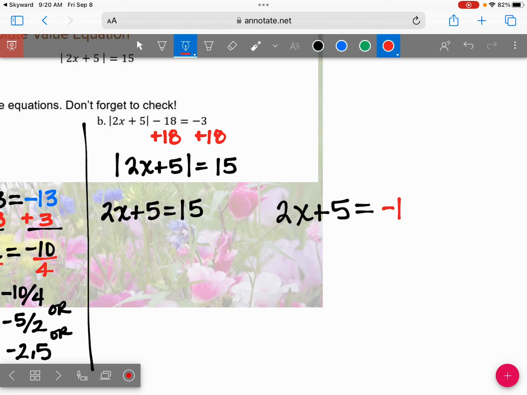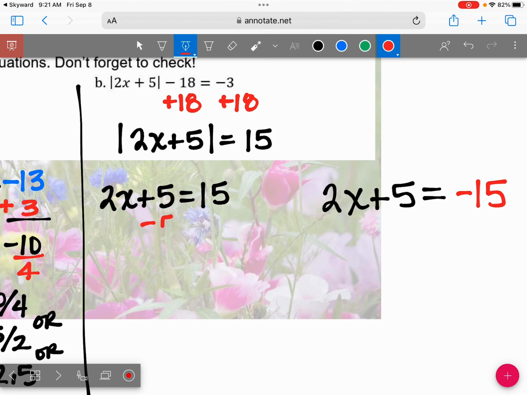All right, go ahead and solve them both. You solve them both the same way. Subtract 5, divide by 2. So subtract the 5.